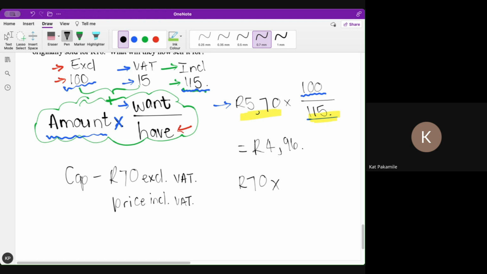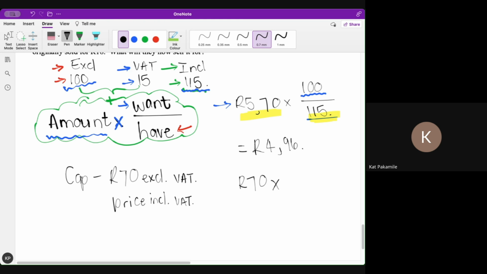Out of the question, it's not the selling price. It is the, what do we call it? We are not listening. There we go. Guys, we need to follow instruction because there are people who are confused. Okay. This is the price, including VAT, that we are looking for.